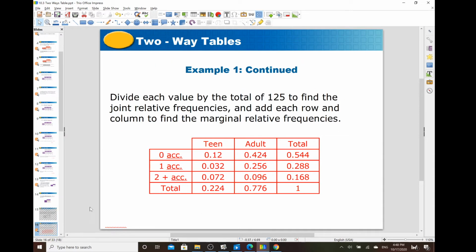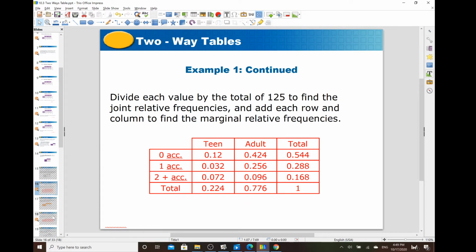So we divide, and we have 0.12, 0.424, 0.544 for the total, and then 0.032, 0.256. Basically we divide each category by 125, and then we come up with this marginal relative frequency table.